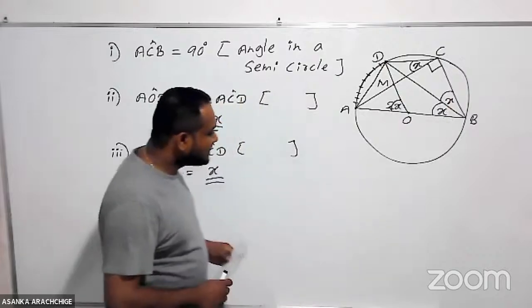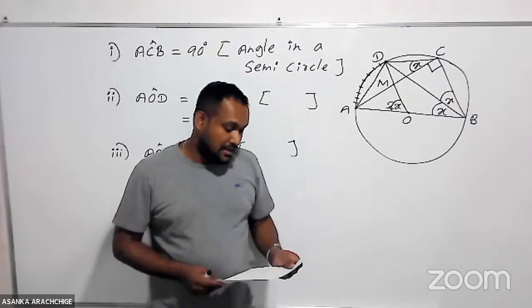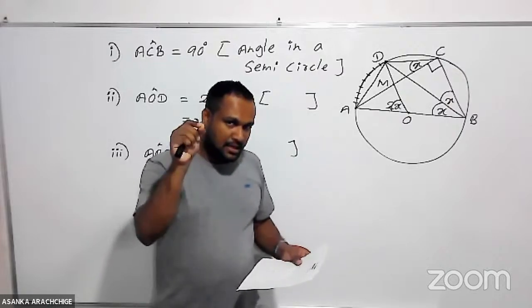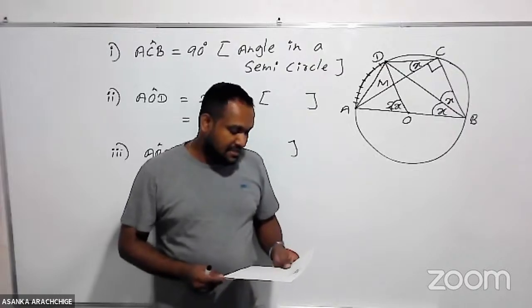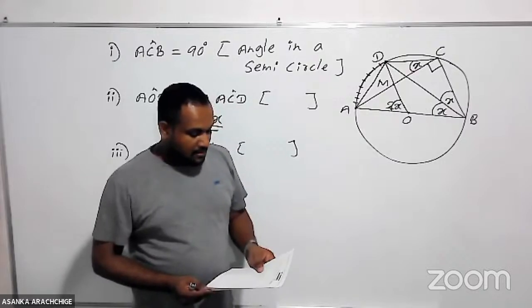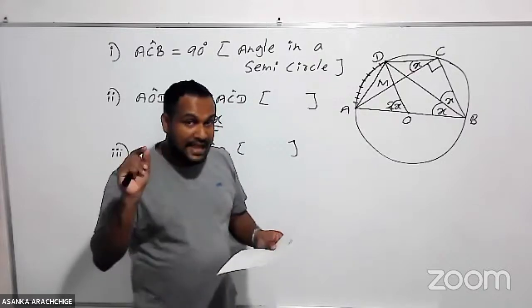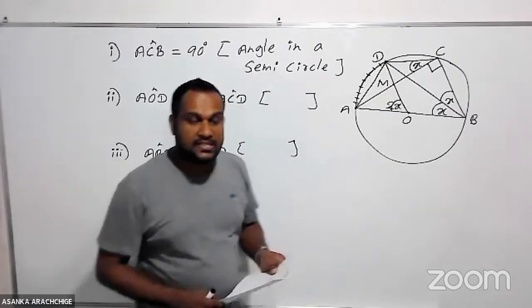Right. Then, you have to correct it in the paper: if BD bisects angle ABC, then prove that AM equals MC.